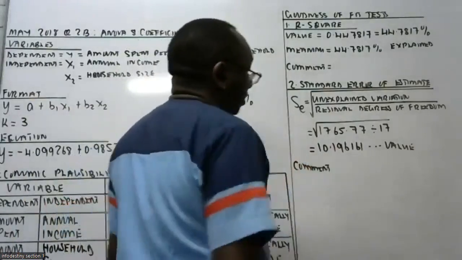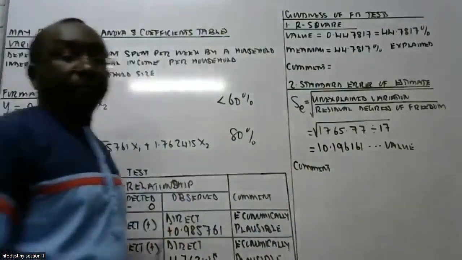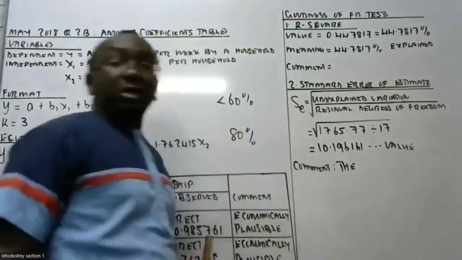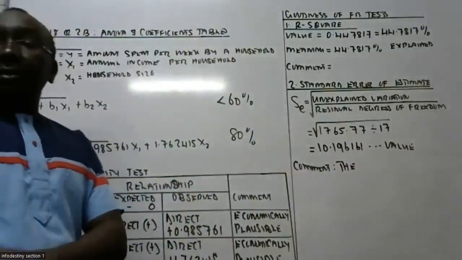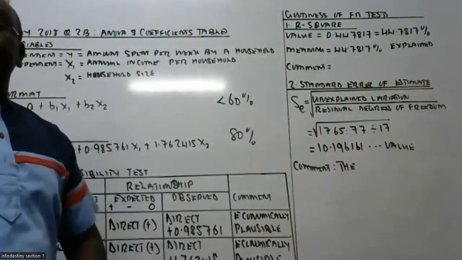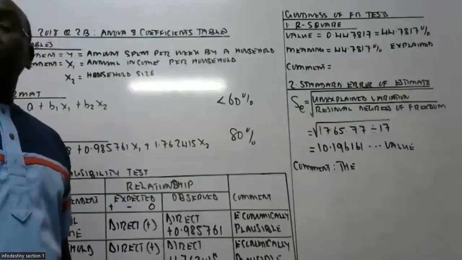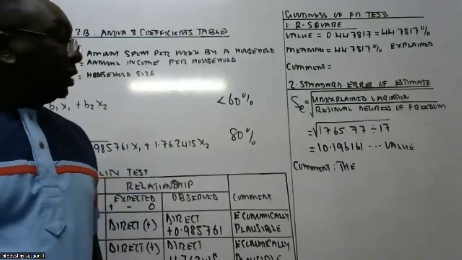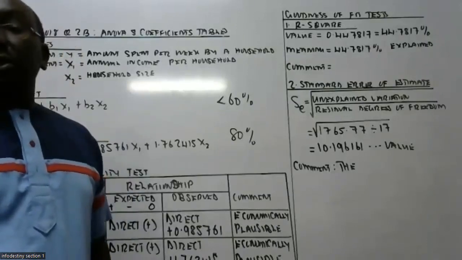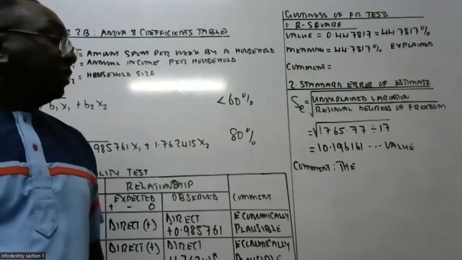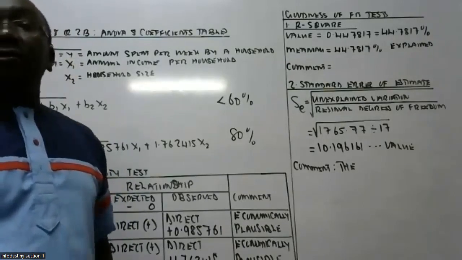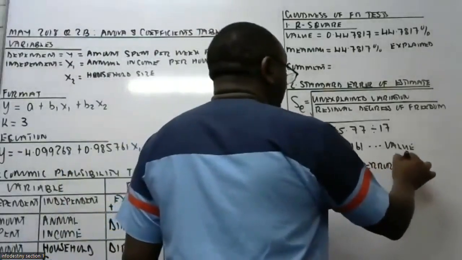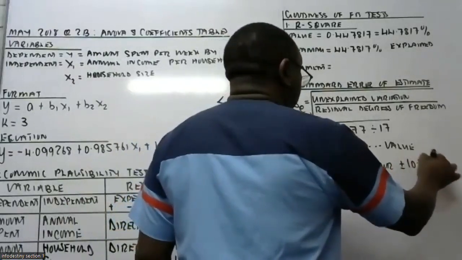The comment that we shall give is the predicted value using the equation will have an error of plus or minus 10.196161.